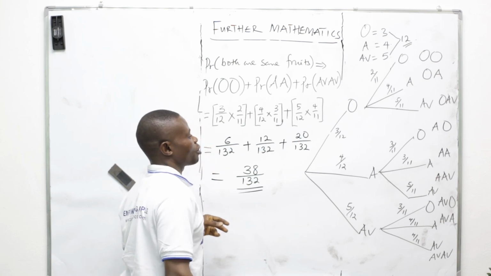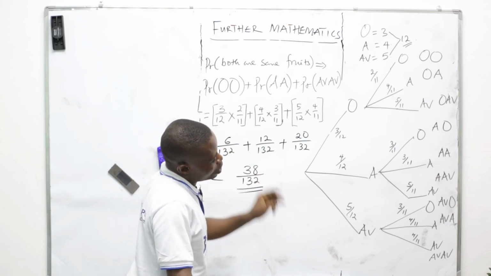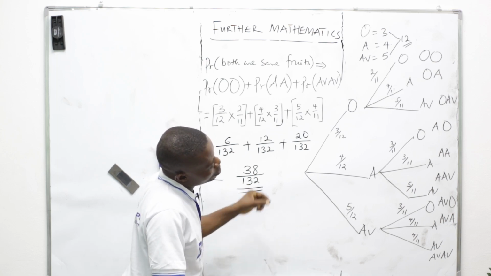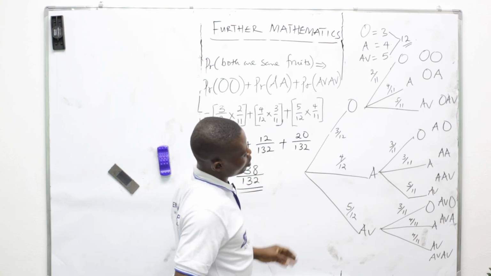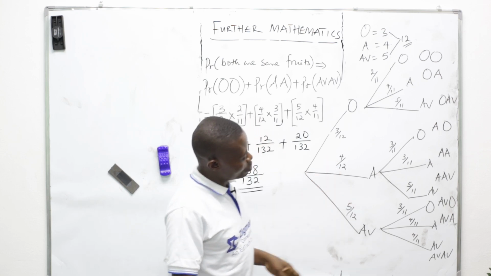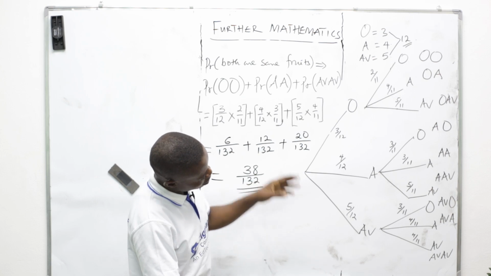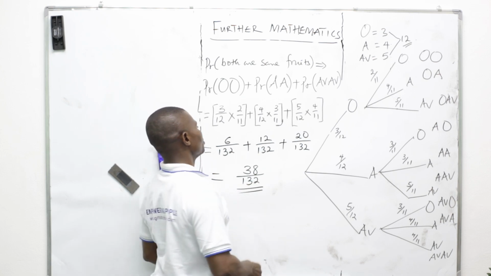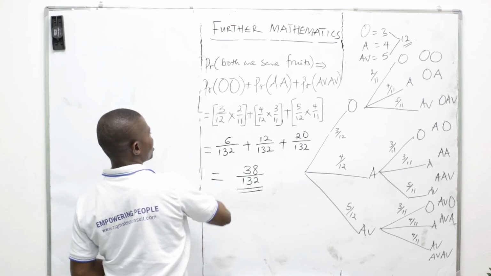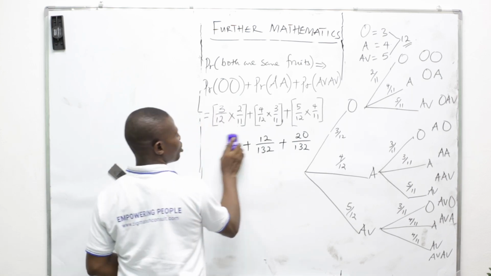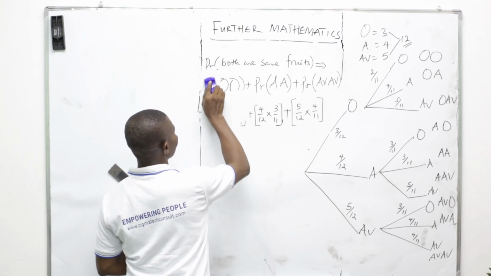Then we'll have probability of apple orange, probability of apple apple, probability of apple avocado pear, and probability of avocado pear apple. It's a long one anyway, but let us do it.